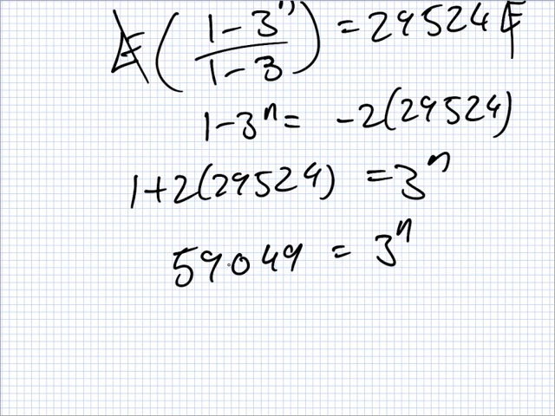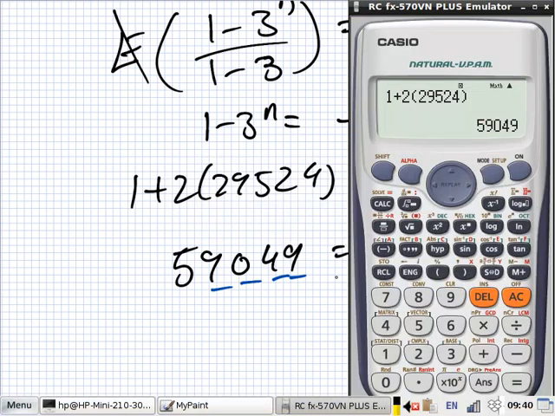Let's see. 1, 2, 3, 4, 5. So it's going to be somewhere around 5, 6, 7, I think. So let's just do 3 power 5. No. Power 6. 3 power, it's all the way up to 9, is it? Yeah. Okay. No. 3 power 8.